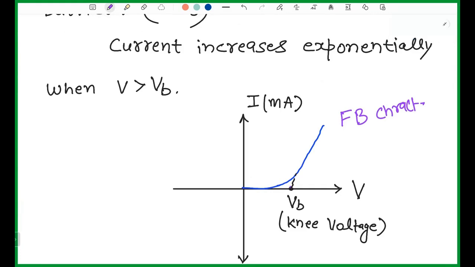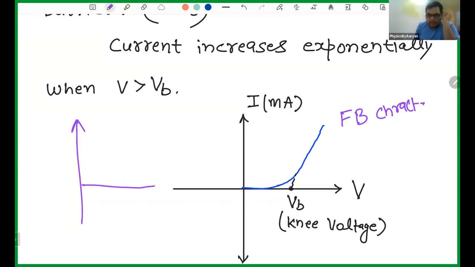Yeah. Sir, knee voltage, can you please explain? So once you draw an actual practical graph, you will see it does not happen like this. This is your ideal case. What is an ideal case? Up to a fixed value, you have no current, and then your current suddenly starts increasing.